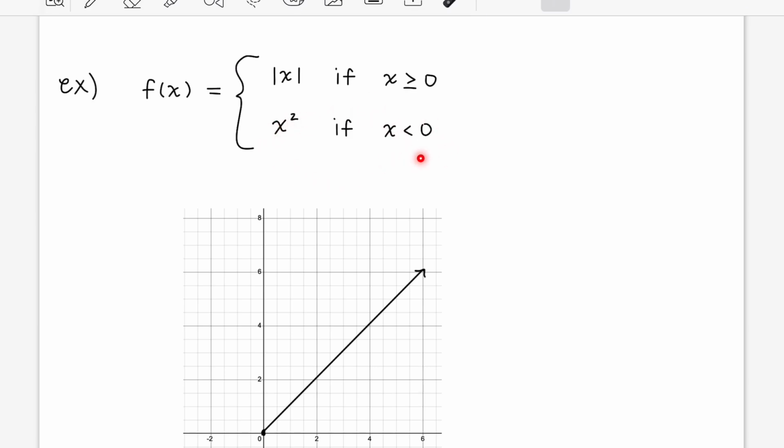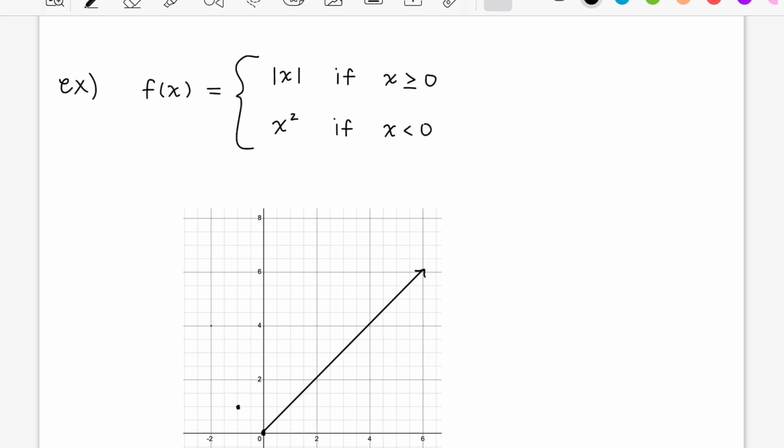And then our second rule here tells us that f of x is equal to x squared if x is less than 0. So wherever we see that x is less than 0, so in this region here, these are all negative values of x, our graph will look like a parabola. That means if we plug in negative 1 into x squared, we're going to get 1.